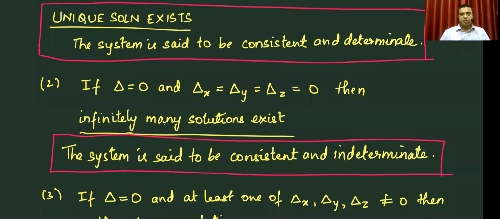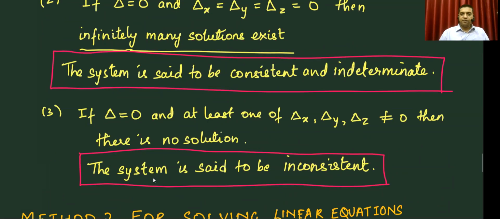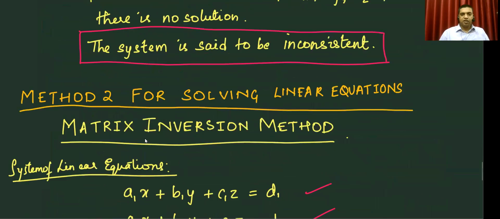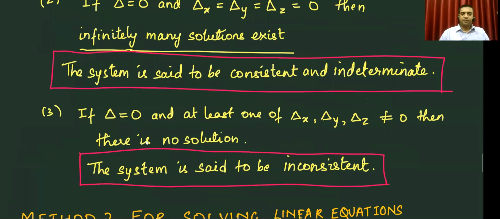Next, if there are infinitely many solutions, it means that either the 3 planes are coincident or the 3 planes have one line in common. And if they're inconsistent, that means the 3 planes together have no point in common. So they can be parallel planes, or 2 are parallel and 1 is intersecting the other 2.